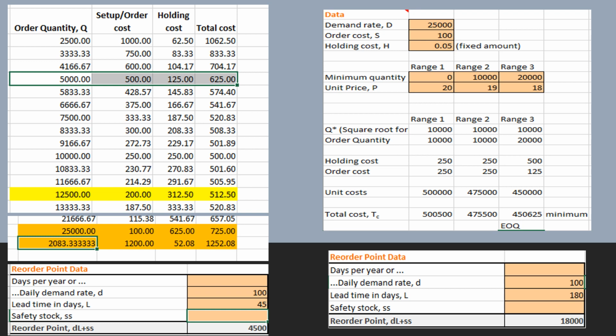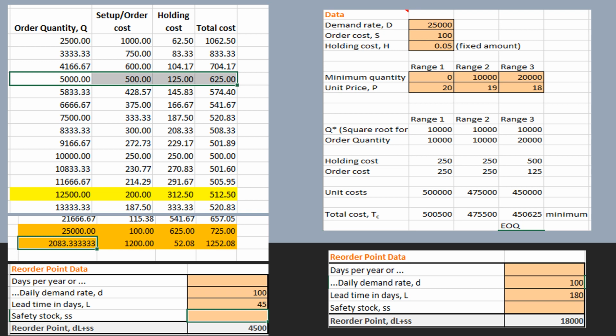For the second price range, again, just use the EOQ and get the total inventory cost. We will get 475,500. The unit cost is simply the number of units multiplied by the price of 19 pesos.